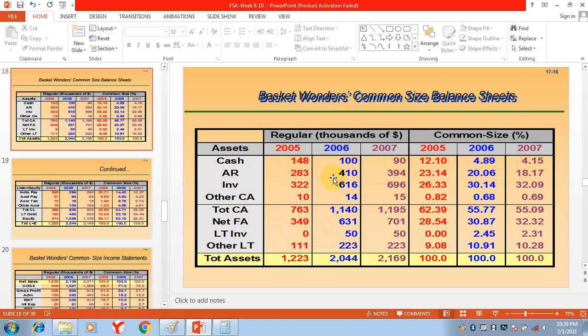The second thing is account receivable. Again, there is a decrease in account receivable. If account receivable is decreasing, it is also a good sign. It shows that the company is collecting its cash quickly from the customers. What is account receivable?